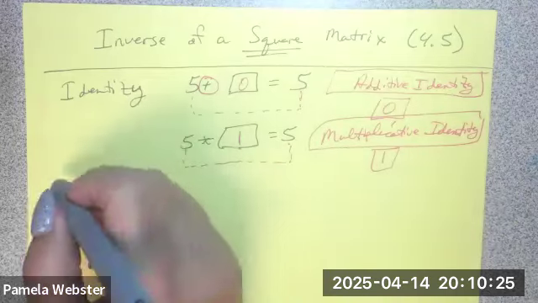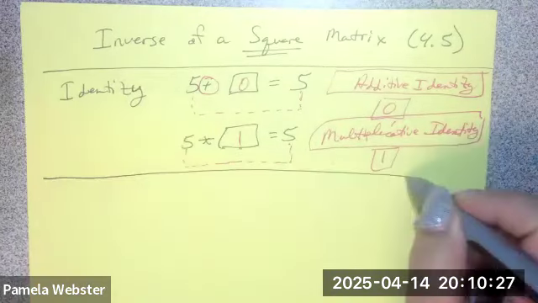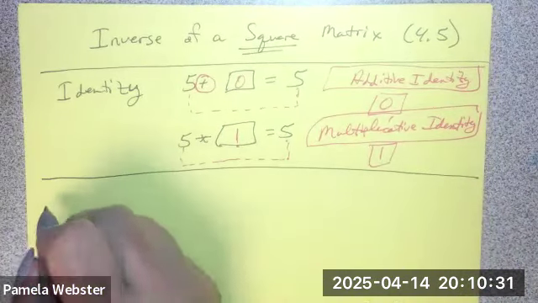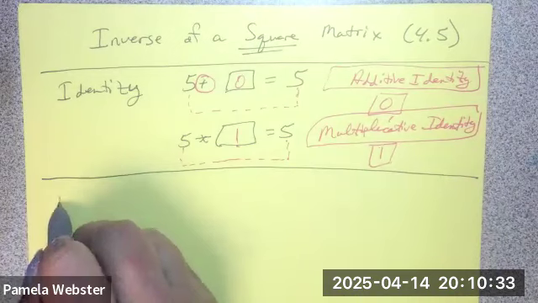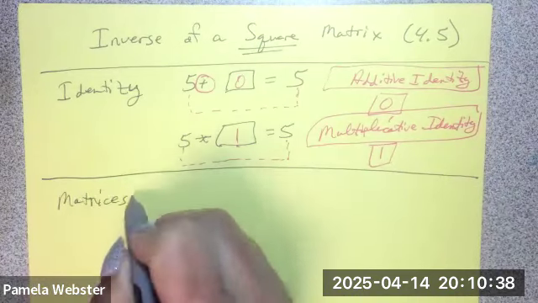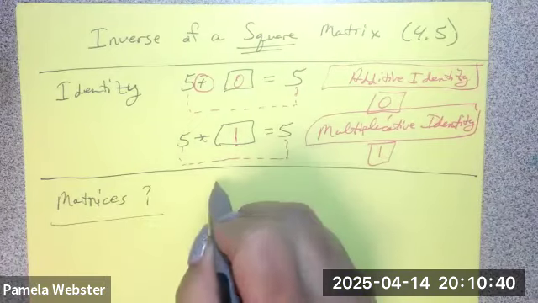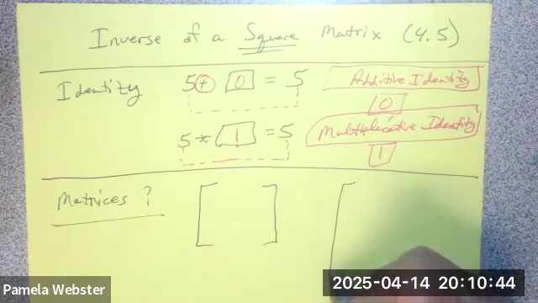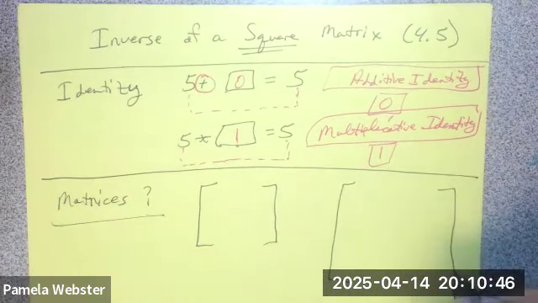Okay, the problem that we're going to have with this identity thing is that for matrices, it looks a little bit different, right? Because I don't just have one number plus one number, I have a 2 by 2, for instance, or I have a 3 by 3. Okay.